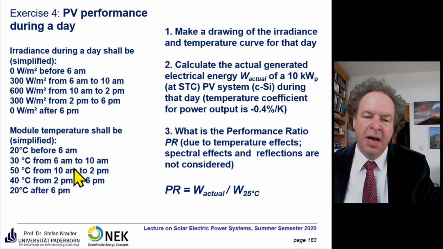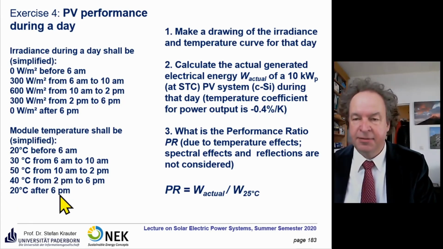So we have here 30 degrees from 6 a.m. to 10 a.m. Then from 2 hours before midday, 10 a.m., until 2 hours after midday, 2 p.m., we have a temperature of 50 degrees Celsius. And while the ambient temperature is also rising, the temperatures in the afternoon are a bit higher than in the morning, so it's not symmetrical. So we have 40 degrees Celsius from 2 p.m. to 6 p.m. And after 6 p.m., probably at a tropical location, we have 20 degrees Celsius during the night.